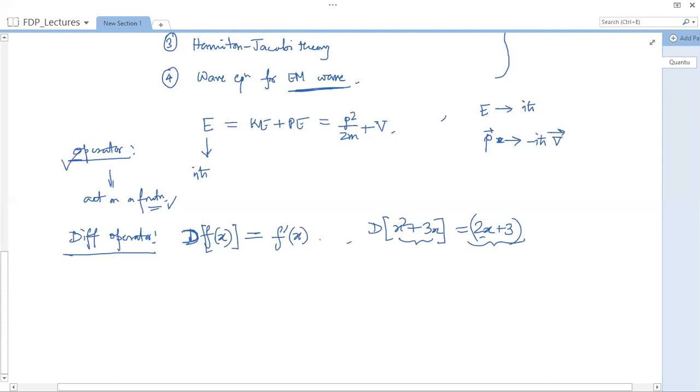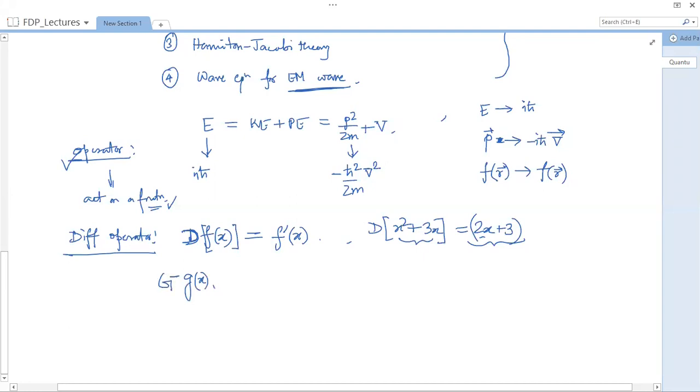Now, if we have this energy relation in classical mechanics, then we can replace energy by the operator i h bar d/dt, which will act on some function, and the momentum by that operator. So we will get minus h bar squared Laplacian by 2m for p squared by 2m, and we will also replace any function of r by an operator which will just multiply. So we can say this is an operator g of x.